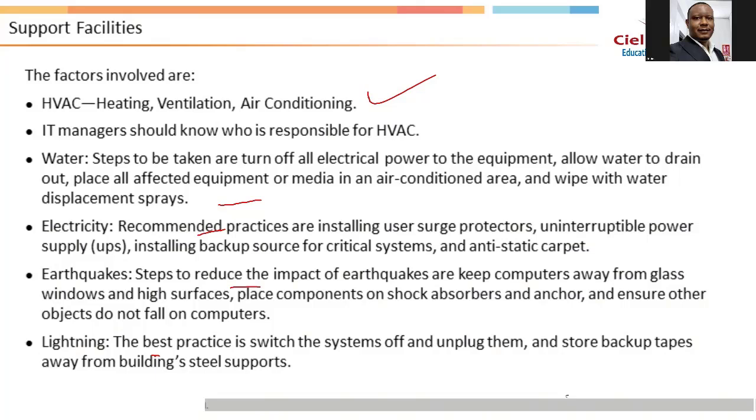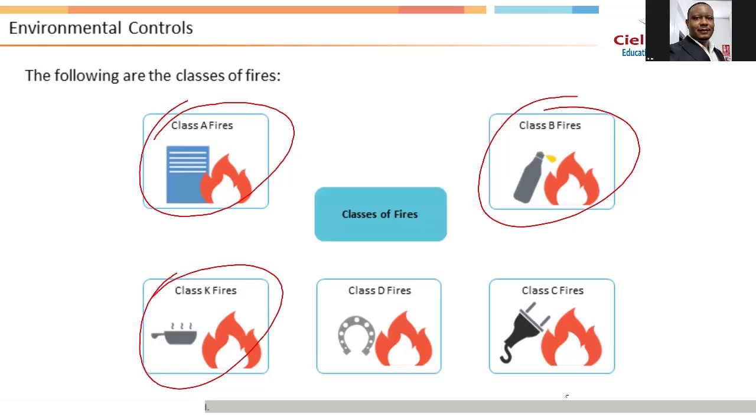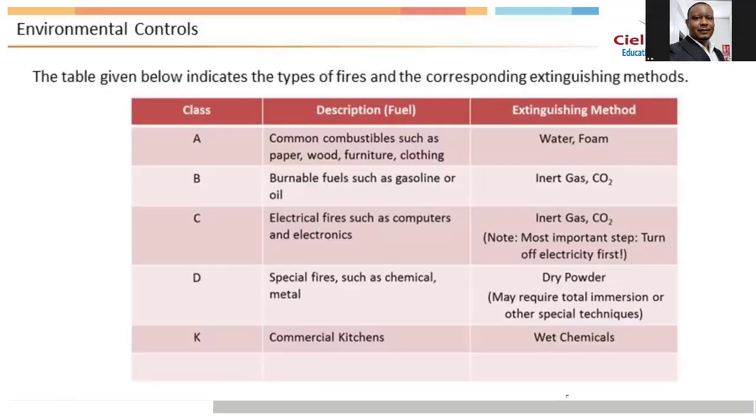Also, in terms of fire, as a security professional, you should have a proper understanding of how to effectively deal with fire. There are different classes of fire: Class A, Class B, Class K, Class D, and Class E fire. Class A fires are combustibles, burning materials like paper, wood, furniture.